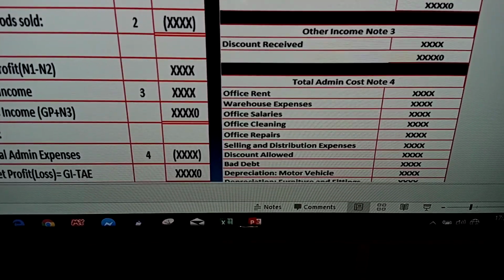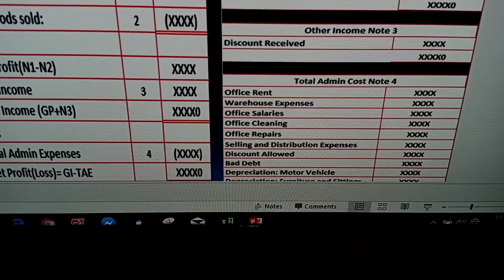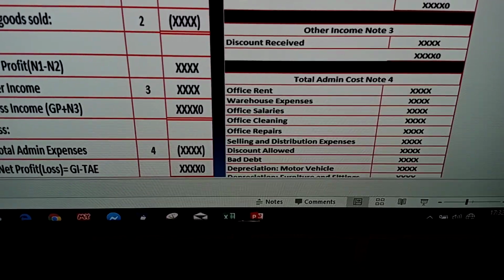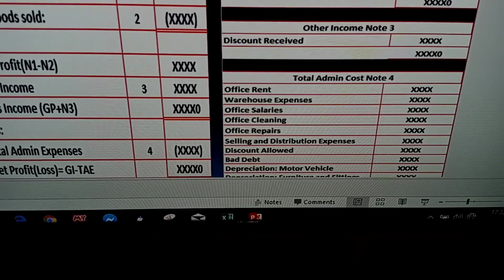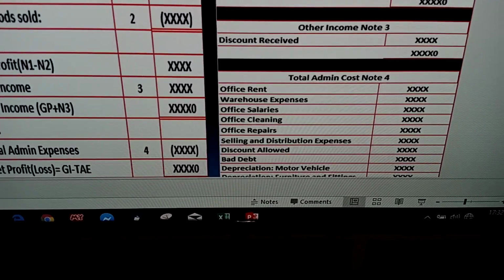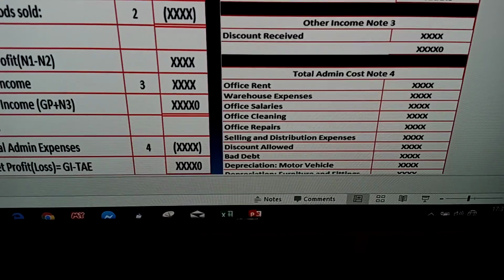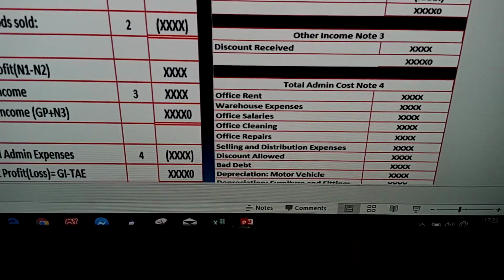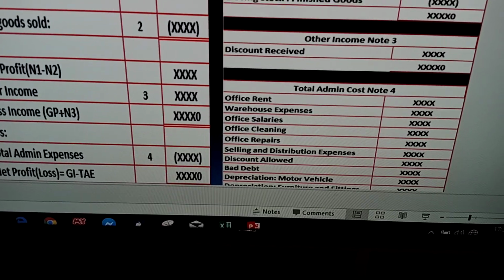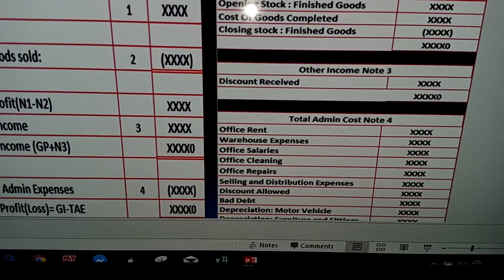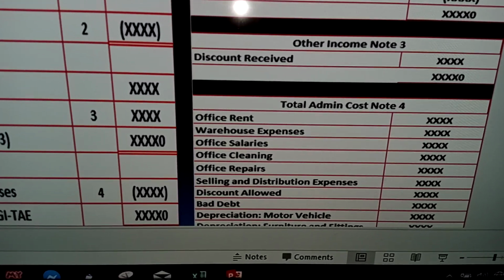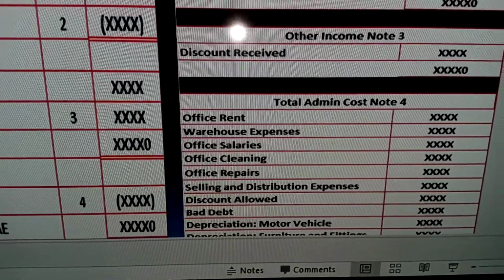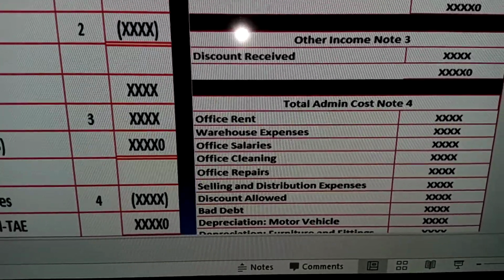In some questions they might tell you to apportion, maybe wages 10% factory, 90% office, or insurance 10% factory, 20% office. So you should be able to share it among factory and office. Whatever is meant for factory goes to the manufacturing account, whatever is meant for the office or administrative expense goes to the profit and loss account.